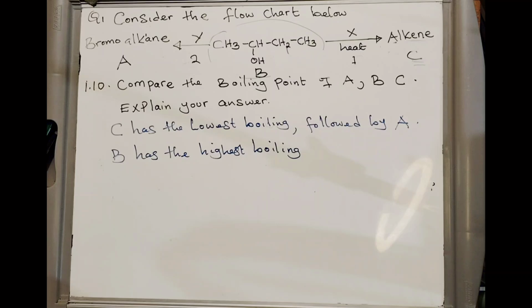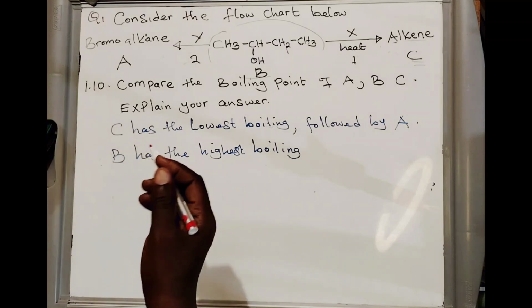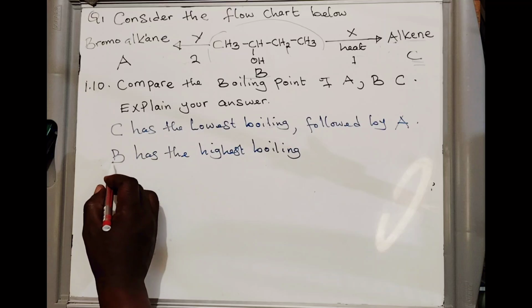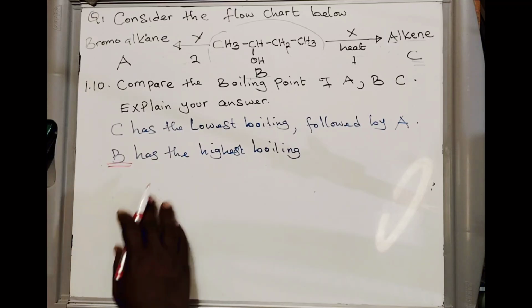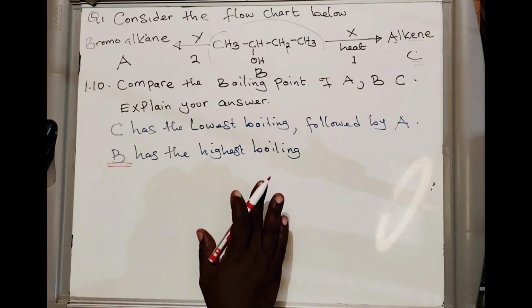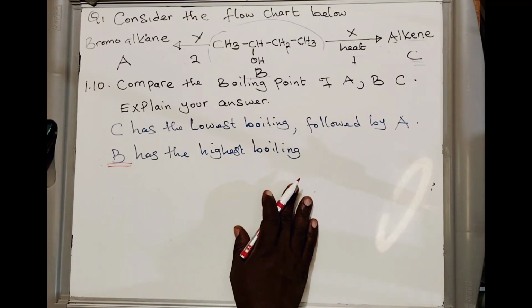Okay, then how do we explain this? We have to remember that boiling point is a function of intermolecular forces. So let us look at B. B belongs to which homologous series? It's an alcohol. And what do we have in alcohol? Hydrogen bond, which are the strongest. That explains why B has the highest boiling point.